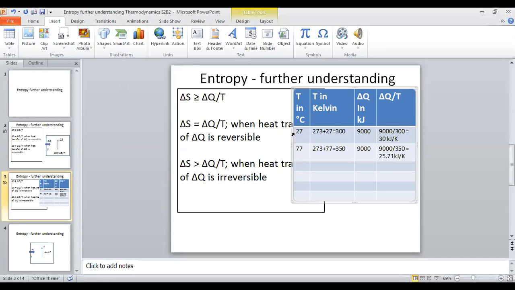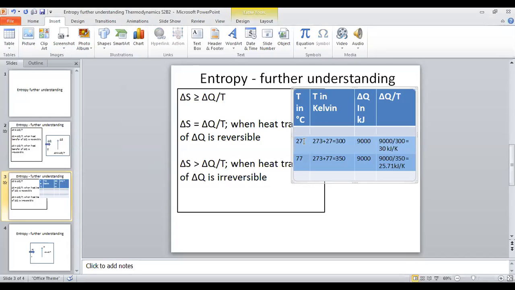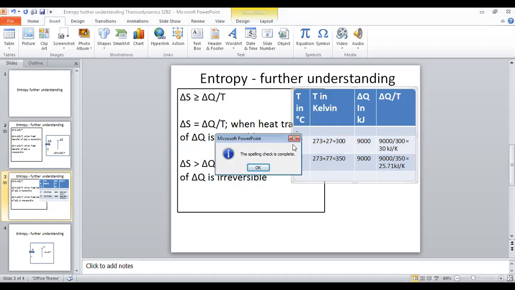Now I'm going to take a lower temperature, minus 23 degrees Celsius.